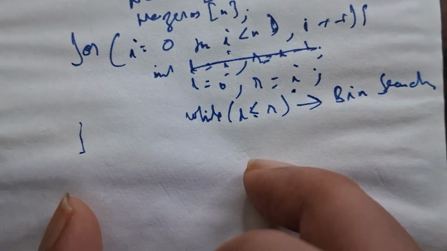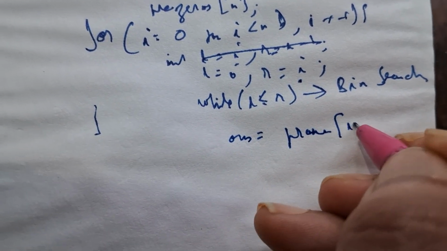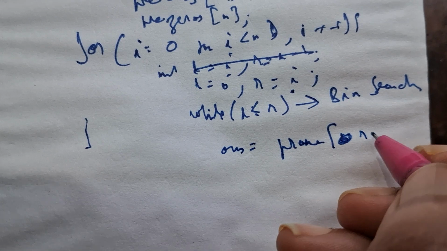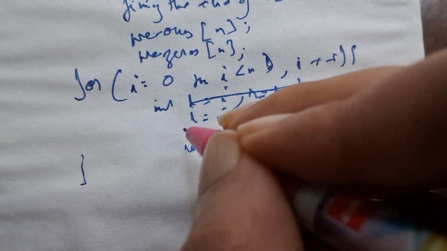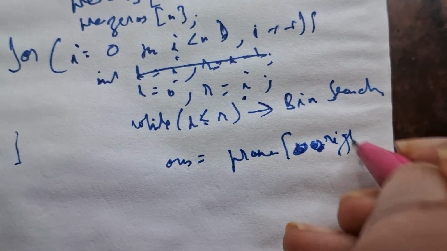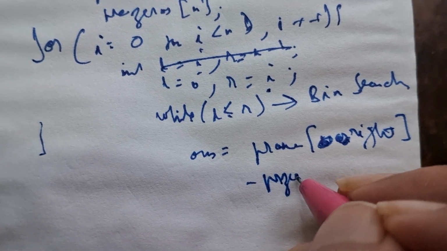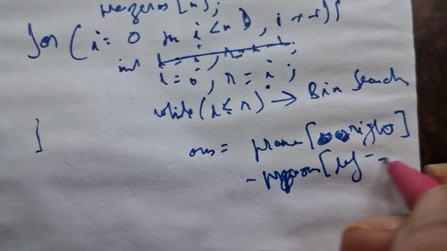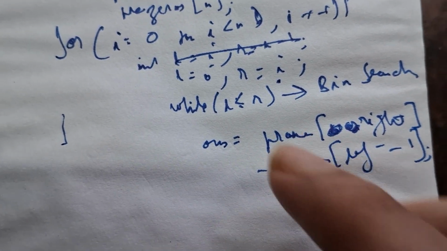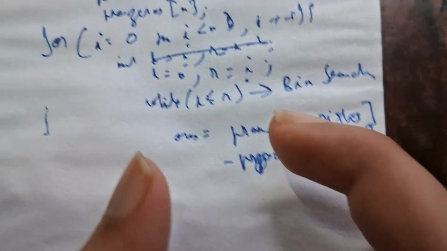How are we going to do this? The number of ones is basically P of ones at R minus P of ones at L minus 1. Here R doesn't mean the end of the array, it means this L and R. Since this is the prefix, you know how to extract the number of ones in a specific range from the prefix of ones.